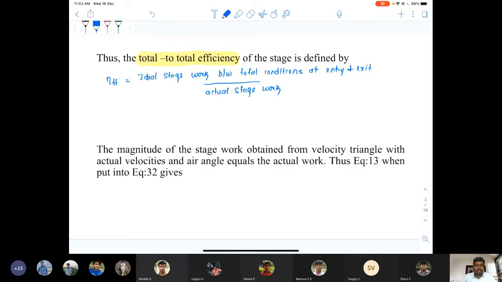That is, the total to total efficiency is given by the relation eta TT is equal to the ideal stage work between the total condition at the entry and exit divided by the actual stage work.